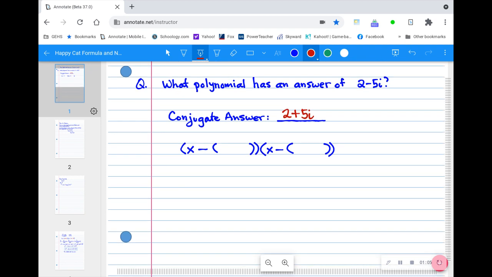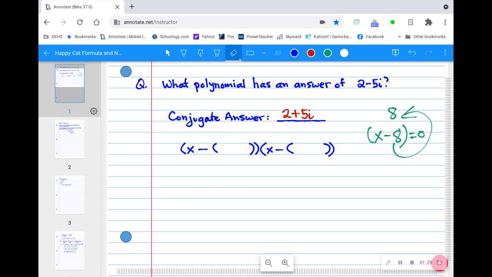Now, you're going to try to recreate the polynomial that has these two answers. You do that by simply putting each of these answers behind x minus. To give you a simpler example, if you had an answer of 8, you would put it behind a minus sign, and when you set that equal to 0, you'd be back full circle and you have x equals 8.